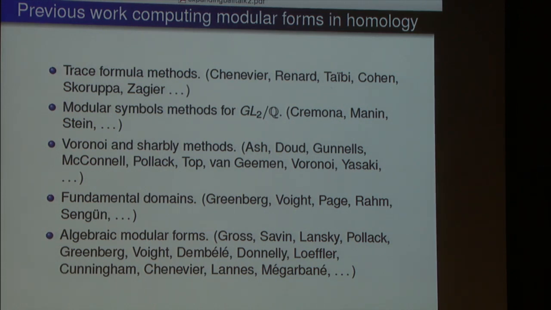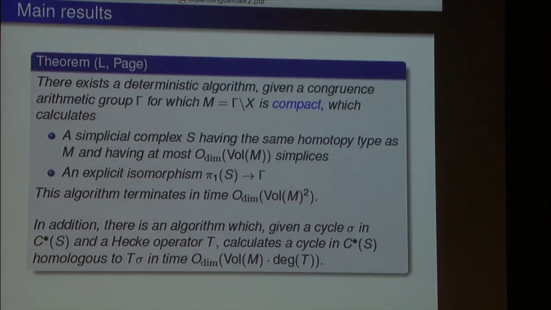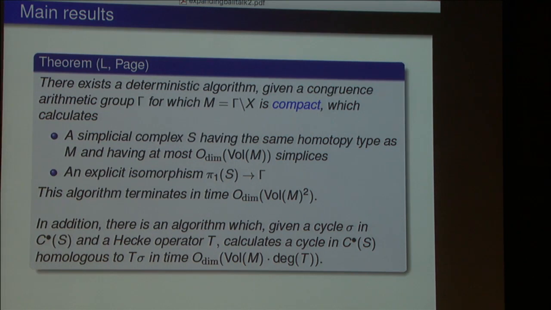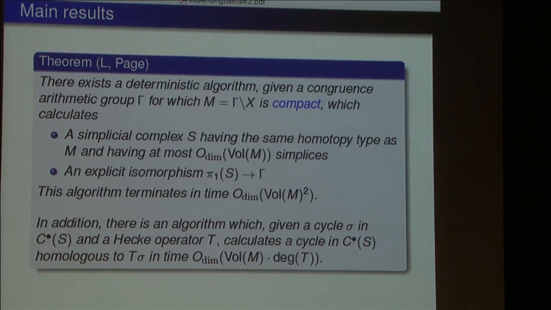So I want to talk today about joint work with Aurel Page, where we do something somewhat different than these other methods. We actually compute a full homotopy type for the group gamma, and we're able to control the complexity of a certain finite simplicial complex that has the same homotopy type as gamma.